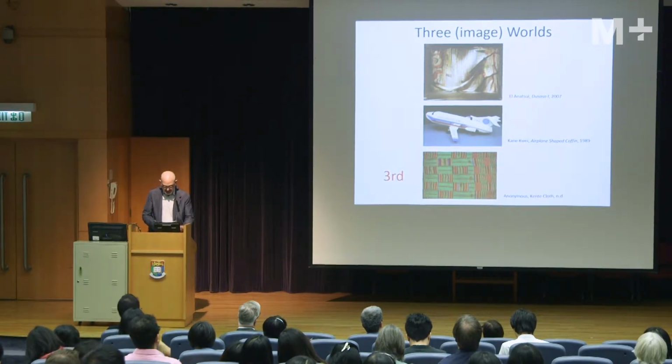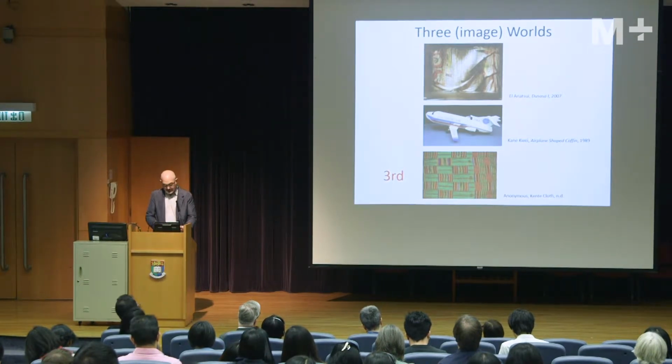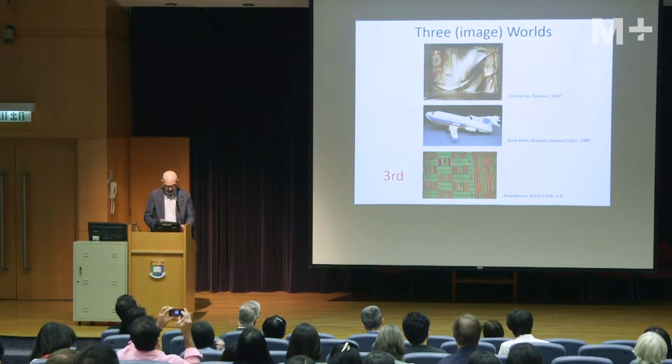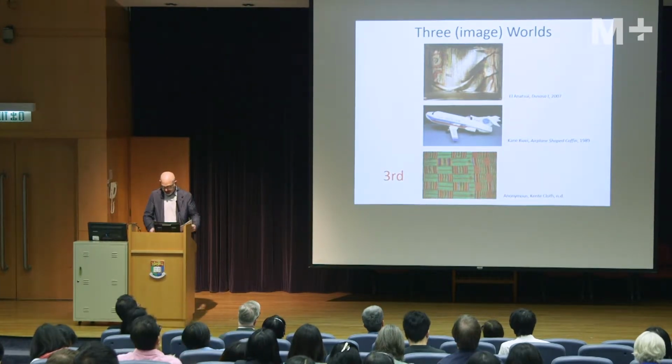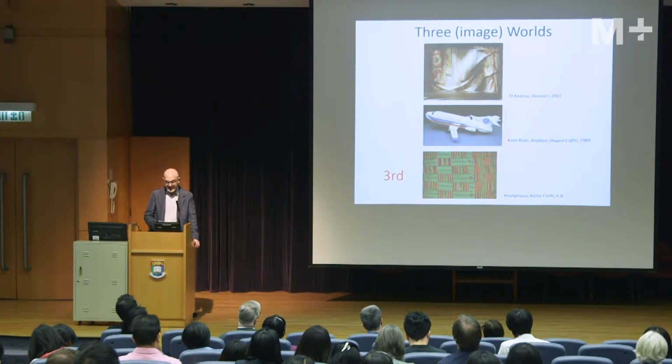the artist El Anatsui, who is at the top, has built a global career, in part through adapting some of the formal techniques of kente cloth, the indigenous example with which I began and which is still at the bottom of this slide, to the production of striking textile-like works which are composed of discarded fragments of things like Nigerian liquor bottle caps which are pierced together with copper wire.